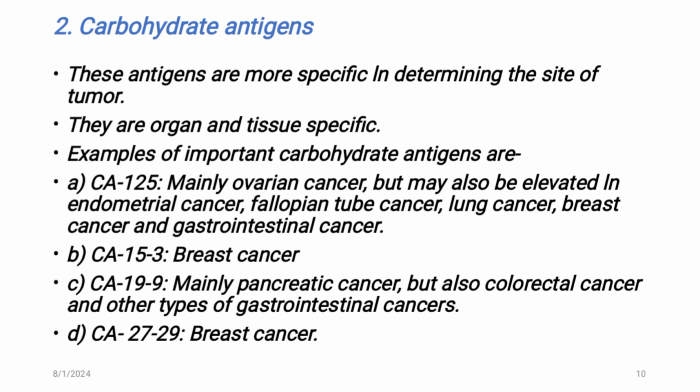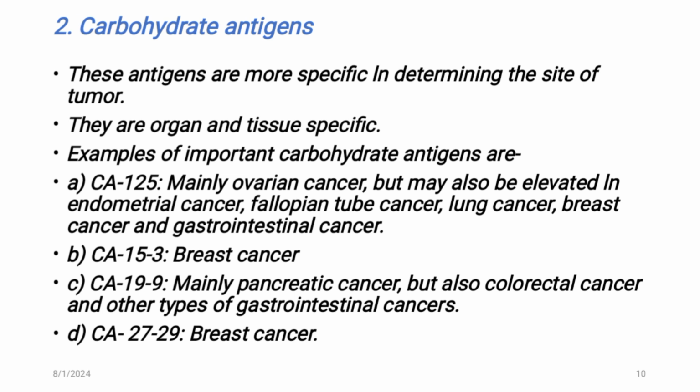This is the second type of tumor marker in the classification of the tumor markers. These antigens are more specific in determining the site of the tumor. So it is important from the exam point of view to know which markers are important in determining the site of the tumor.